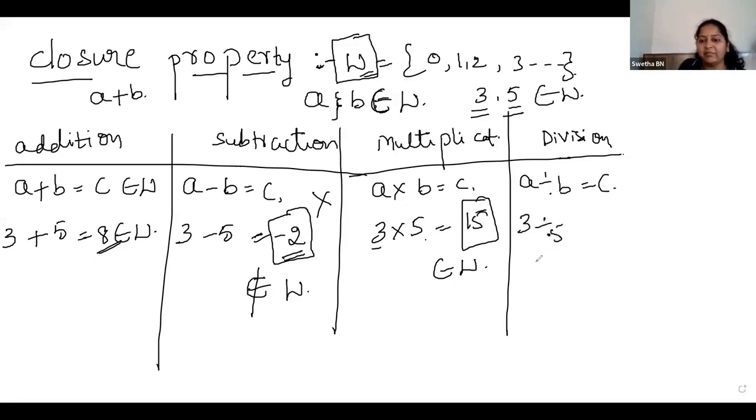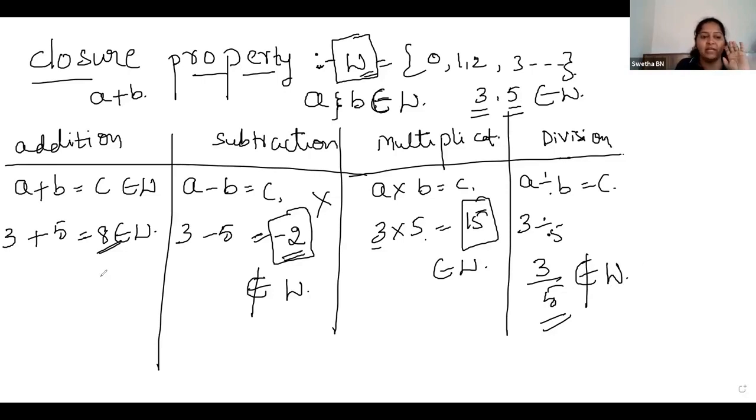How will you write 3 divided by 5? 3 by 5 anta barta ide namge answer. Does it belong to the set? Idu whole number hauda? Illa, because it is which number? 3 by 5 is a rational number, not a whole number. So does not belong to whole number.